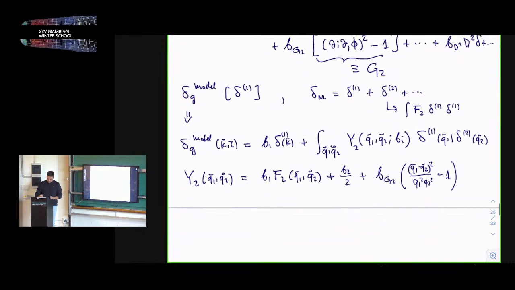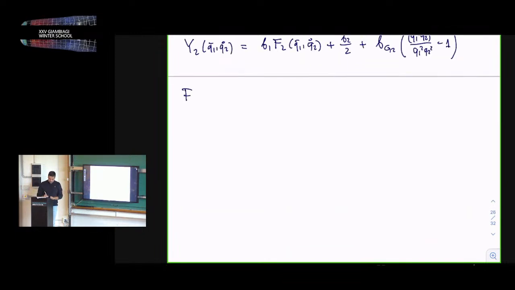You remember that I was telling you that F2, when you're considering some particular momentum configuration, for example, q and k minus q, and then you send q to be much larger than k, this used to go like k squared over q squared. And this was due to mass and momentum conservation.